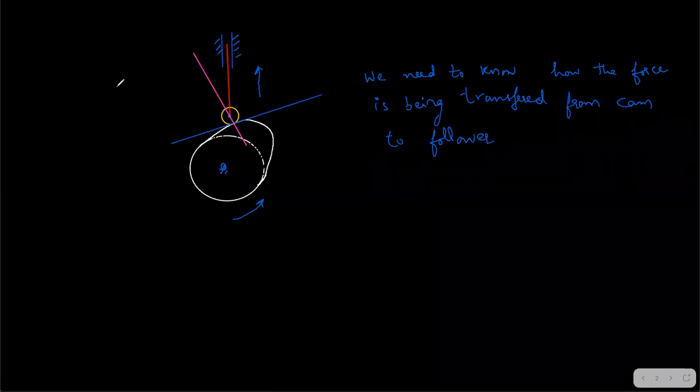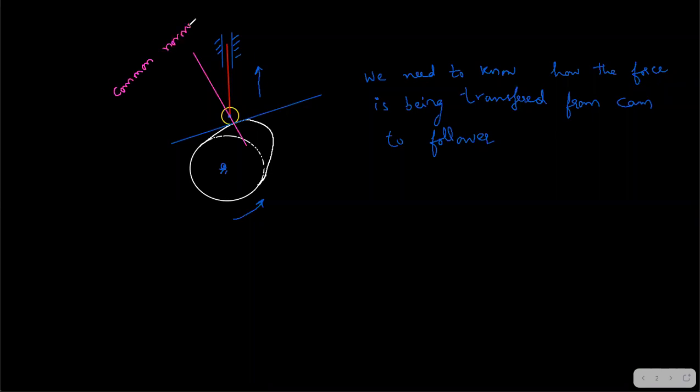We have a name for that normal. It is the common normal at the point of contact. Okay, this is the point of contact. It is normal to both the curves. Suppose you have a curve over here, right? On the cam surface you also have a curve. So to that curve also there is some center.